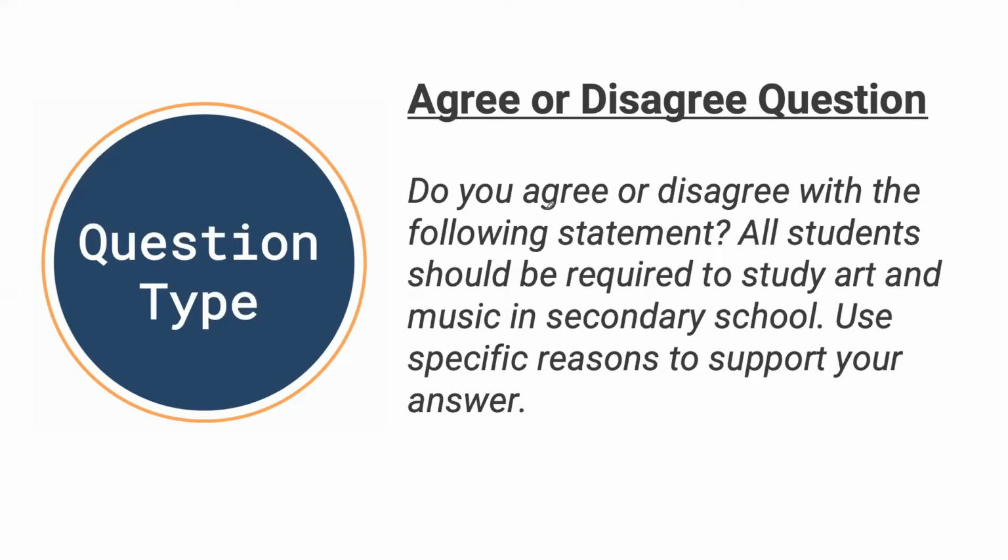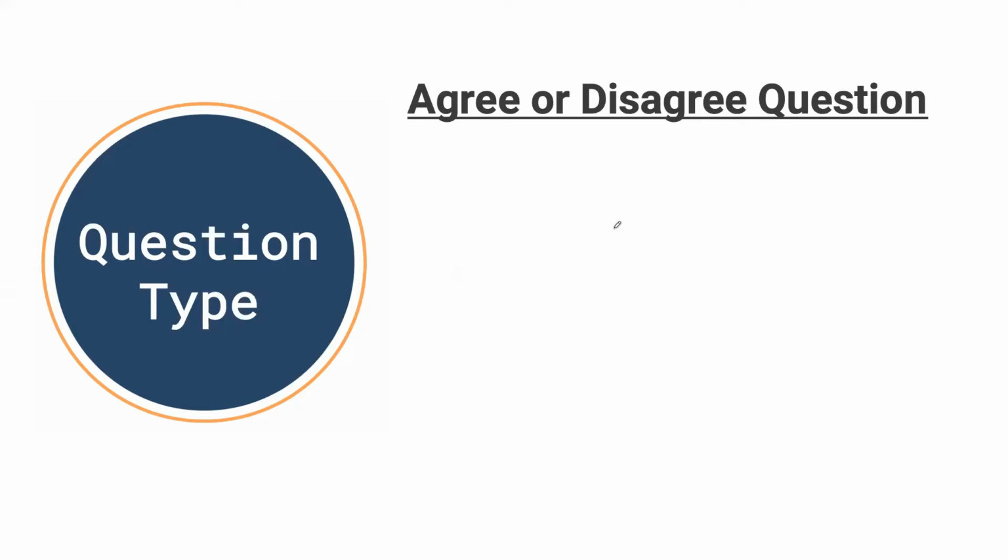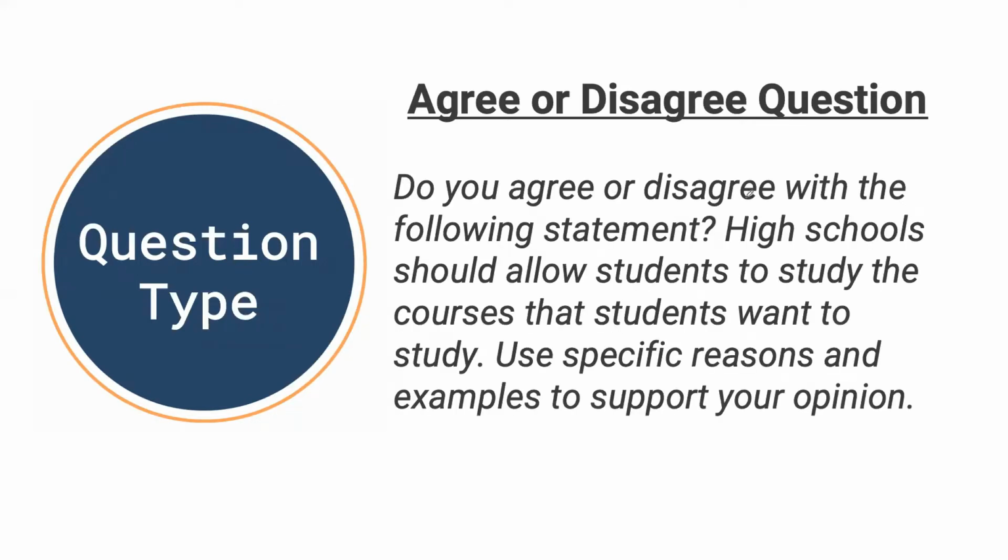This should be your best clue that you have to write an agree or disagree essay. The next option here, we see, do you agree or disagree with the following statement? High schools should allow students to study the courses that students want to study. Use specific reasons and examples to support your opinion. So you see that the first statement and the last are generally the same, and the statement that you have to look at will be right in the middle.